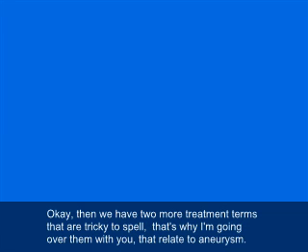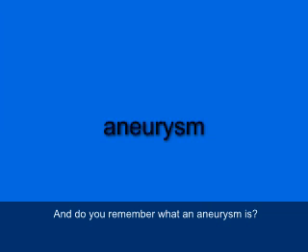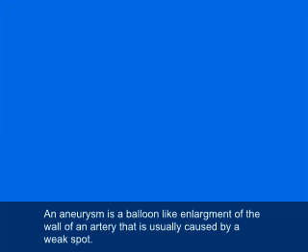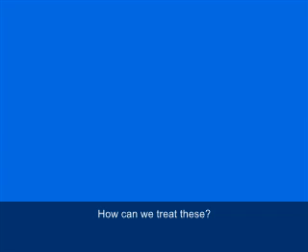Okay, then we have two more treatment terms that are tricky to spell. That's why I'm going over them with you, that relate to aneurysms. And do you remember what an aneurysm is? An aneurysm is a balloon-like enlargement of a wall of an artery, that's usually caused by a weak spot. And how can we treat these?